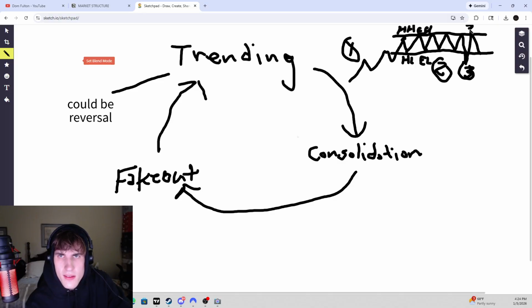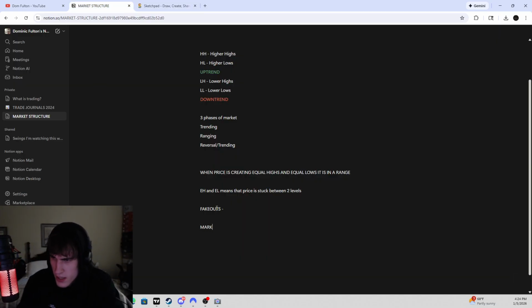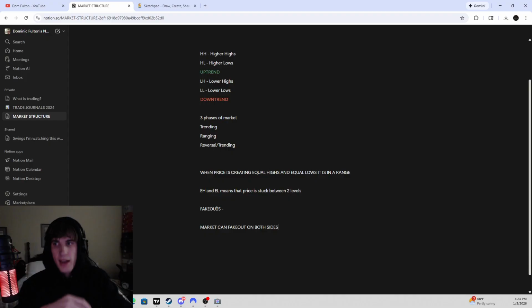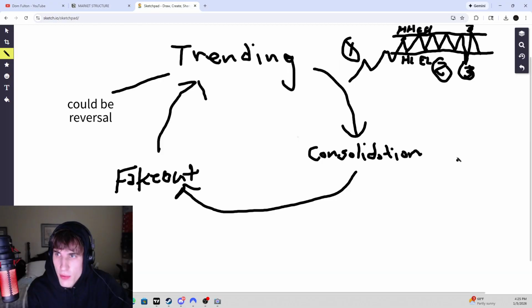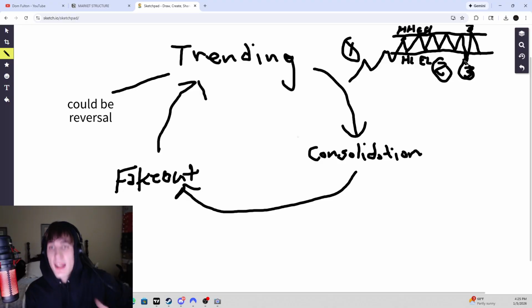And one thing you want to write down, the market can fake out on both sides. And here's a side note, it does it more than you would think. Just from my experience, the market fakes out on both sides more than it fakes out on one side. It tries to take everybody out before continuing the move. Because they don't want to see you win, bro. The market wants to accumulate as much money as it can. So boom, there's step 3.